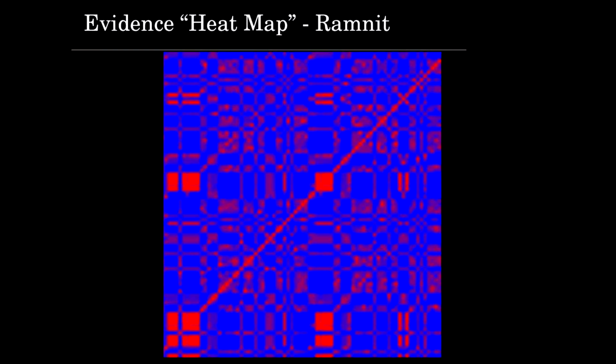We're now going to look at the evidence heat map of the Ramnit communication that I mentioned earlier. First of all, ignore this. This is the main diagonal. This is the diagonal where the input is XORed with itself. It's all null bytes. So, of course, it looks suspicious to the algorithm. It doesn't look random at all.